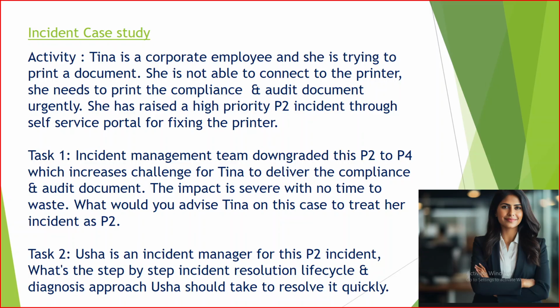Maybe she can mention the impact it is going to cause on the business, and then maybe the incident manager can consider this a high priority one and switch it back to P2 after discussing with the incident manager. Any other inputs?